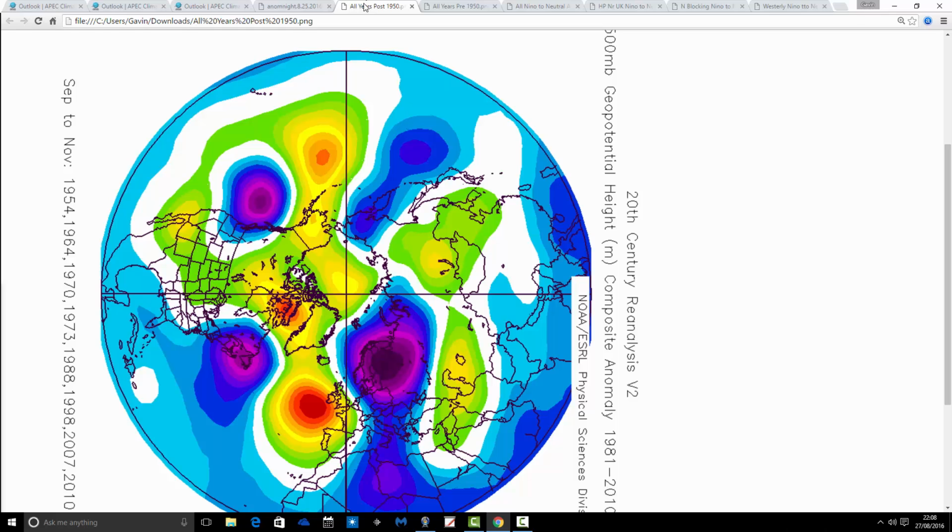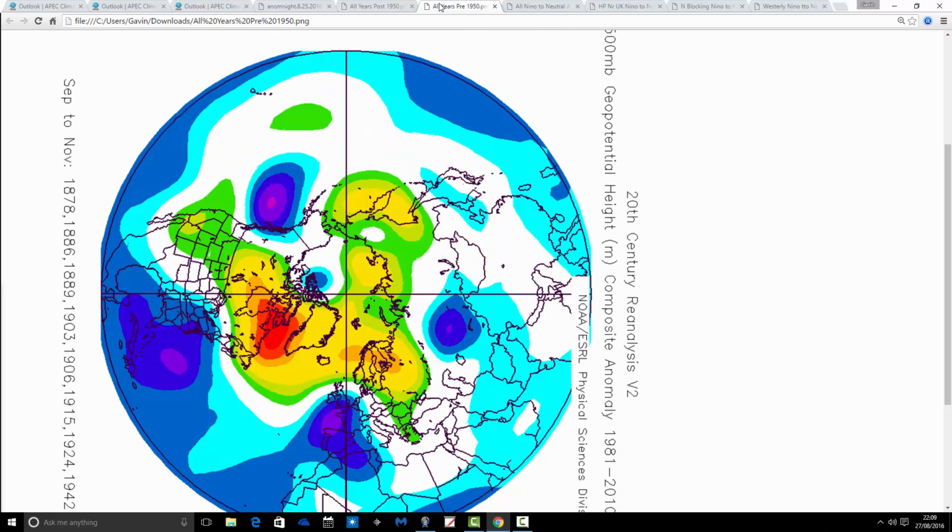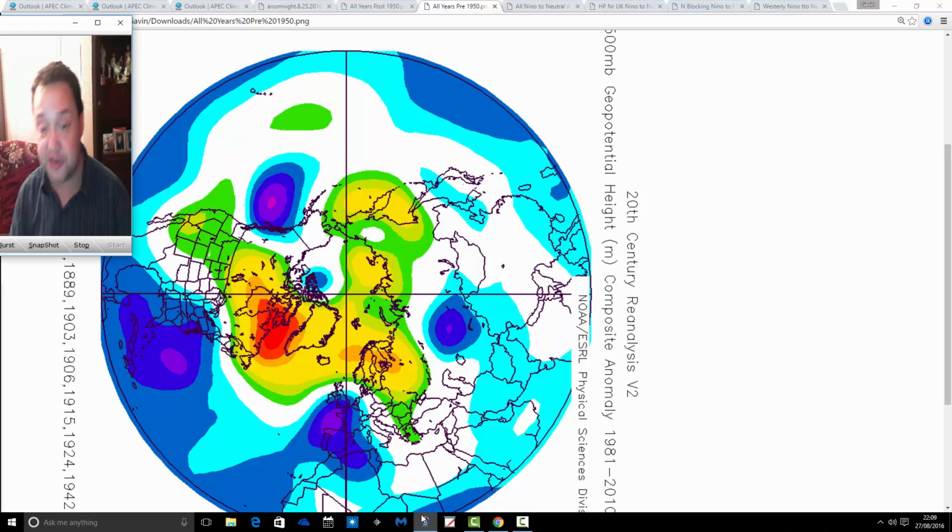So first of all, we dealt with autumns that were La Nina autumns, autumns that had transitioned from El Nino. Remember, we had the big El Nino at the start of the year, Super Nino conditions at the start of the year. So we were looking at autumns that have gone from El Nino at the start of the year to La Nina by the autumn.